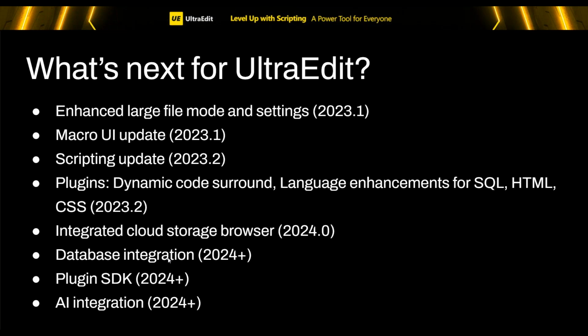So instead of having to work with data indirectly, users have asked if UltraEdit could actually talk to databases and retrieve records. That's something we're looking at, and we think it is going to be in next year. It is tentative, but we've had enough people ask for it that we're definitely excited about that. And finally, since we're adding plugins, we're going to roll out a plugin SDK so that users such as yourselves will be able to write your own plugins and add functionality to UltraEdit.